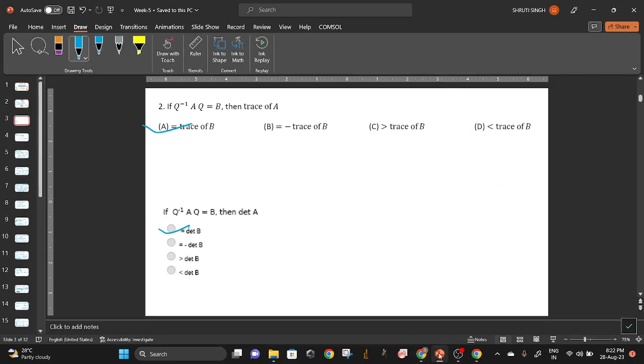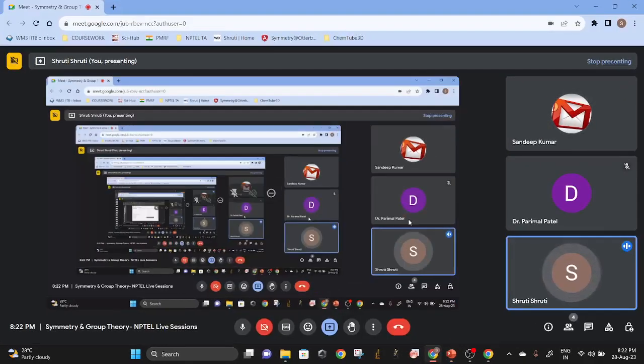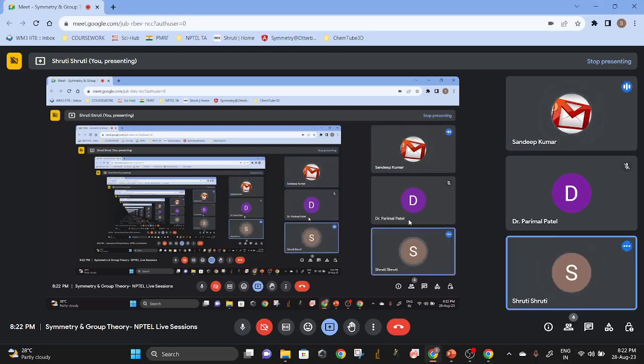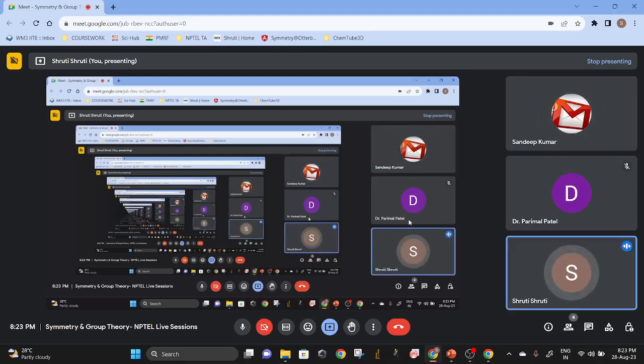Ma'am, in Bishop they are taking clockwise rotation as the positive direction. Yes, in one more book which Sir has suggested, it is written clockwise. But online, and also some professors, they have written anti-clockwise as positive. Some old books write clockwise.